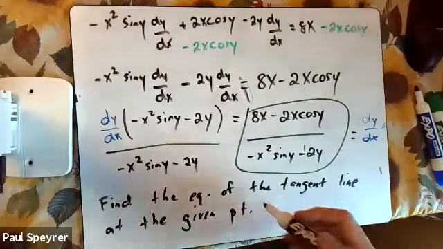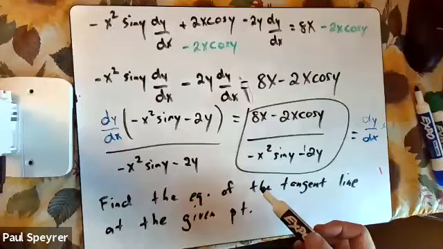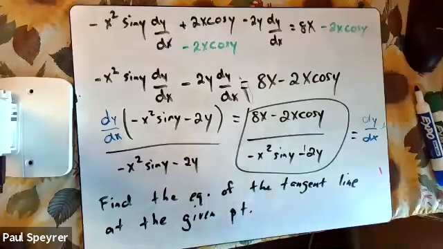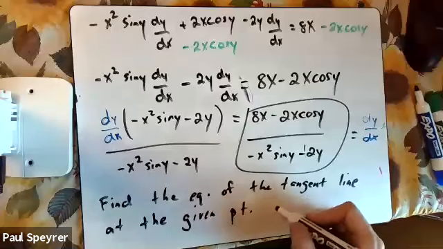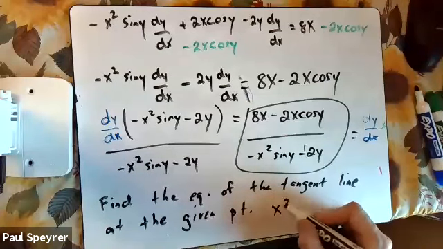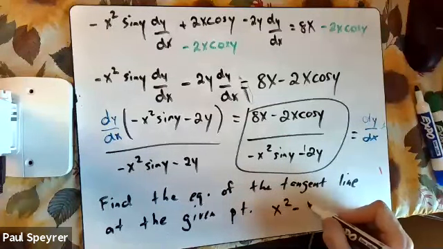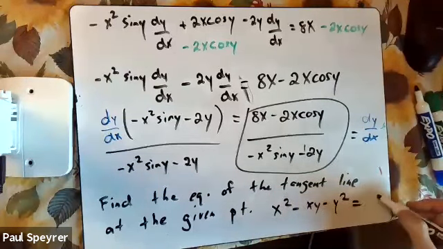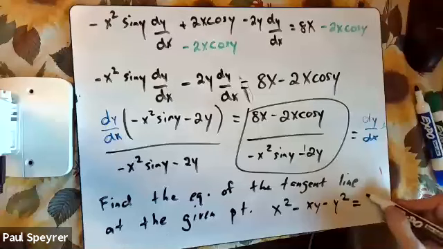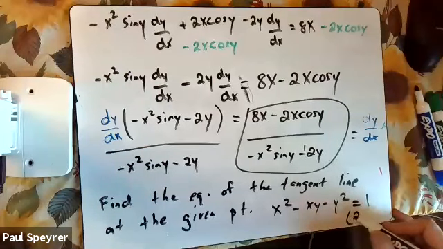They always bring this up in Calc 1. It's like in Math 130, it was always find the domain of every little single thing. So our function right here is x squared minus xy minus y squared equals 1, and they want it at the point 2, 1.